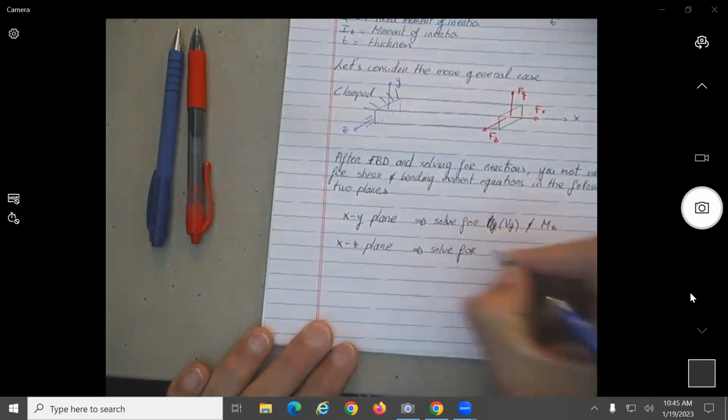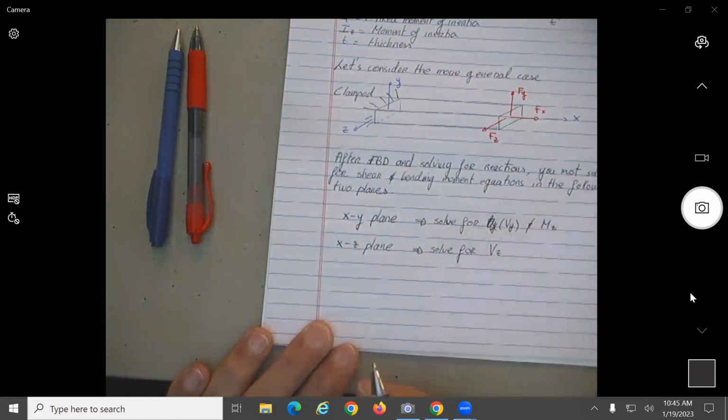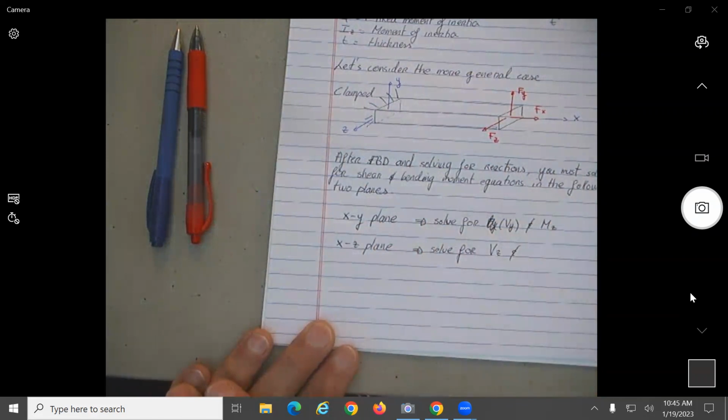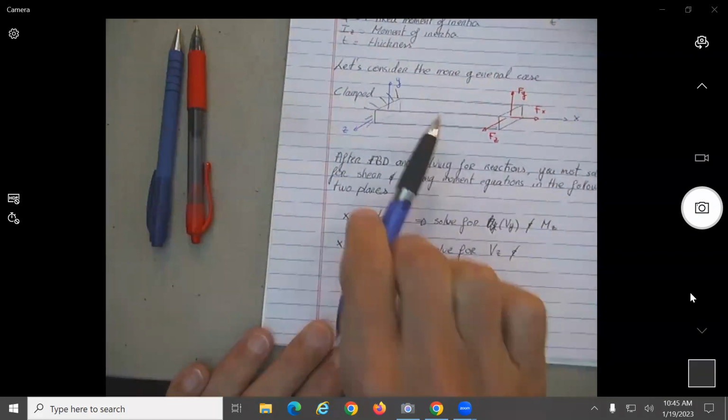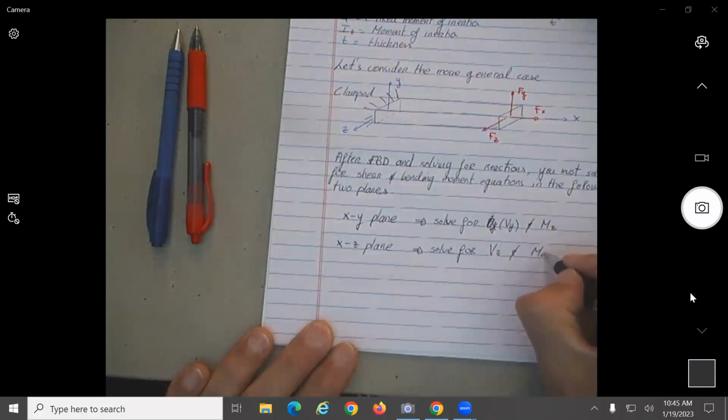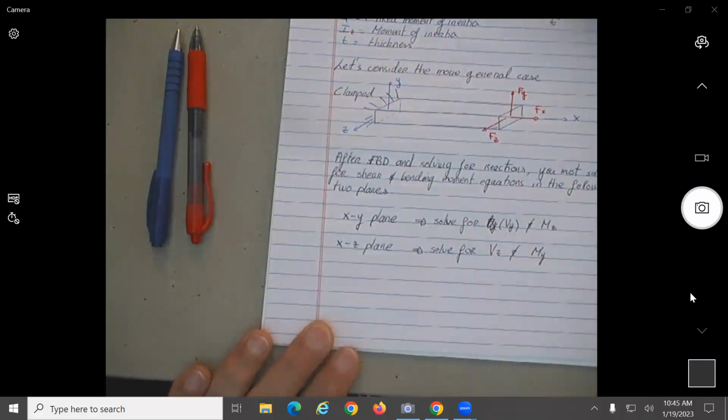You solve for Vz and the moment about which axis? Which one is the moment that's going to make it move in and out? And My.